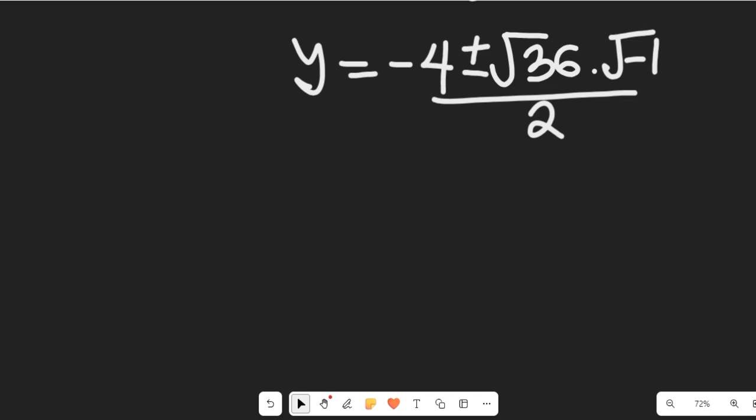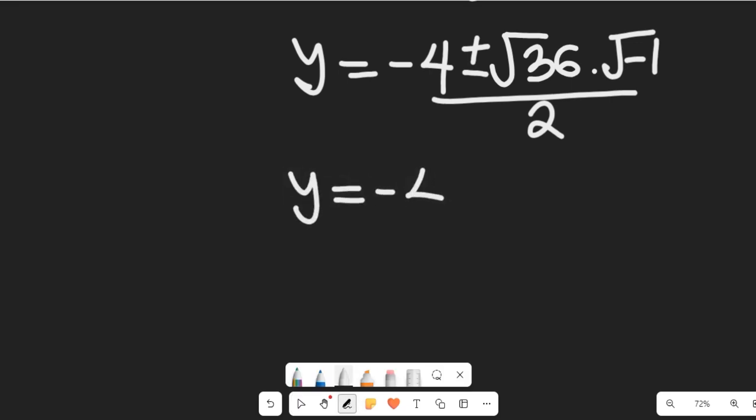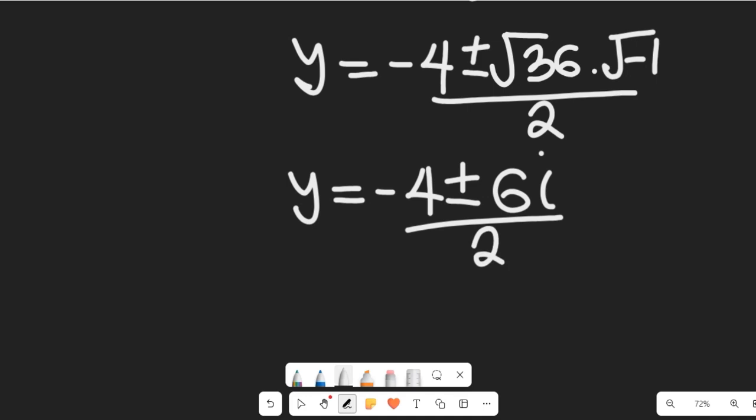The value of our y will now be equal to negative 4 plus or minus the square root of 36, which will give us 6. The square root of negative 1 is going to give us what? A complex value, i, or j, and all of this will be divided by 2.